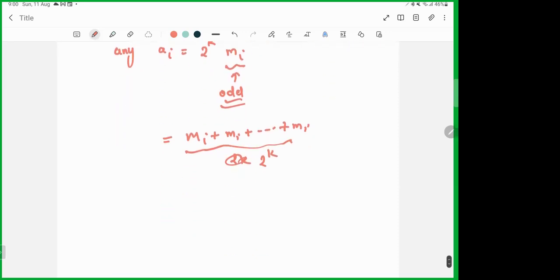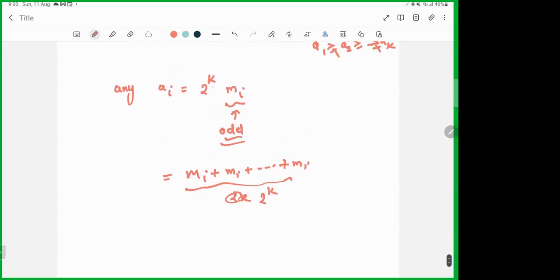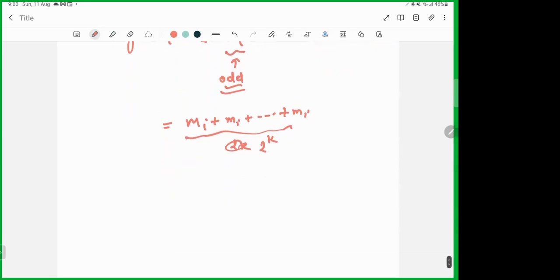So you have this partition. Let's suppose ai is 2 to the power ki times mi. You construct bi of the form mi, mi, mi, repeated 2 to the power ki times.